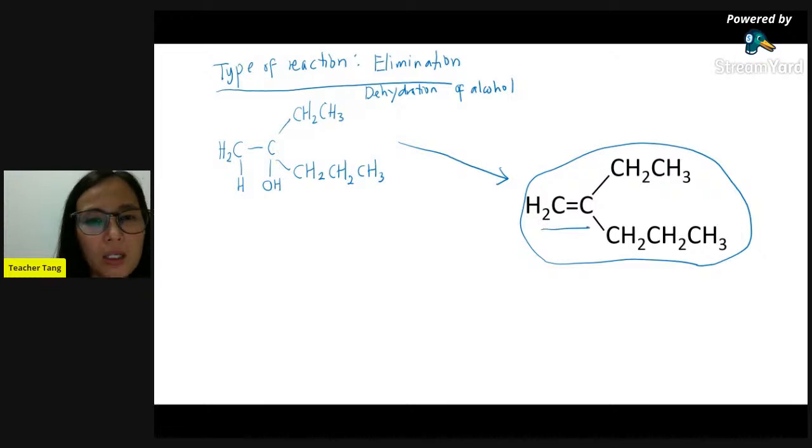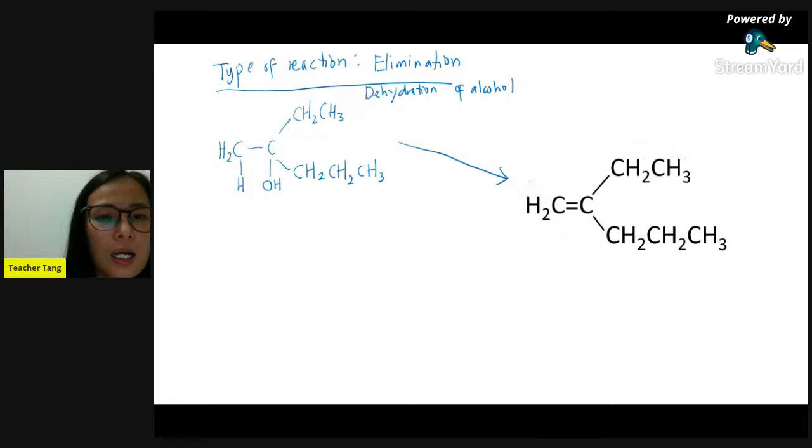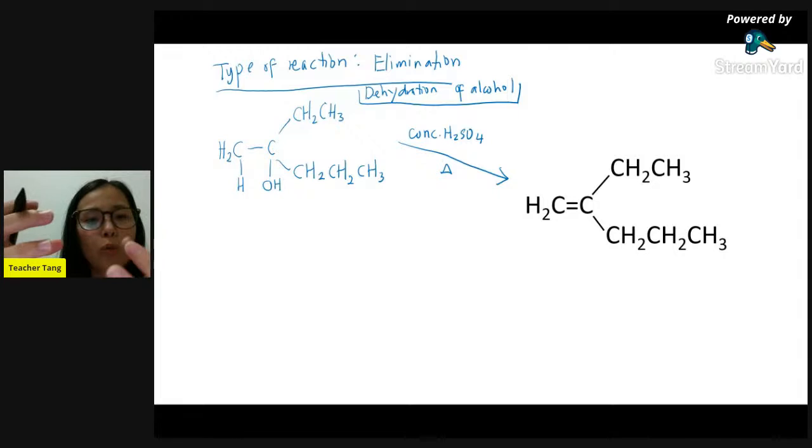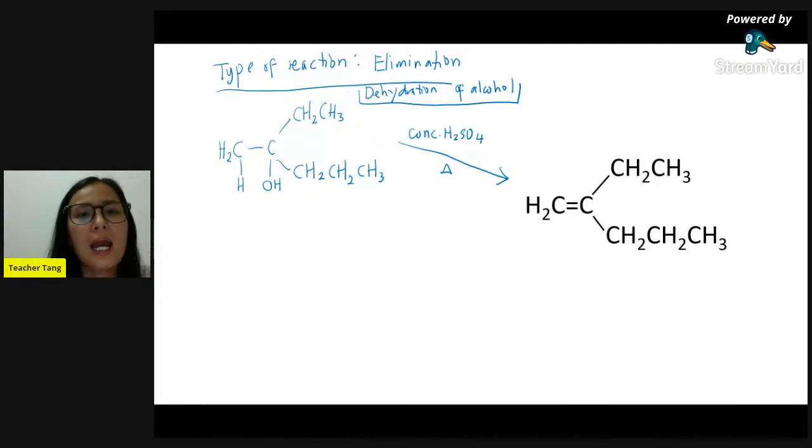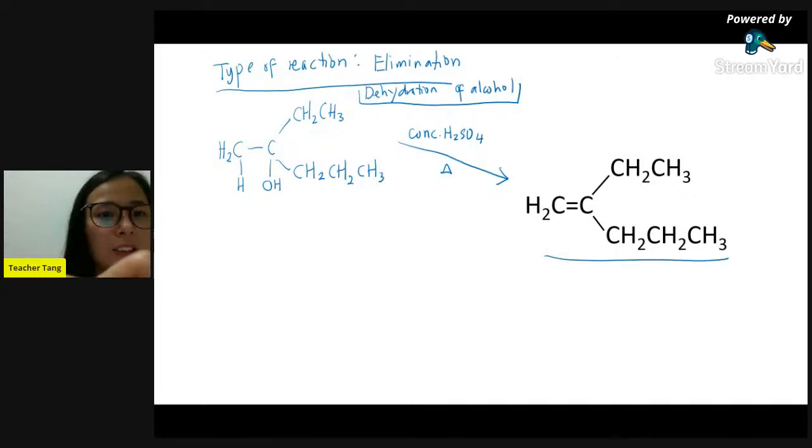Still remember the reagent that we need for the dehydration of alcohol: concentrated sulfuric acid and heating, in order to remove OH and the H from the alcohol to give us alkene. So this is the first way to prepare your alkene.